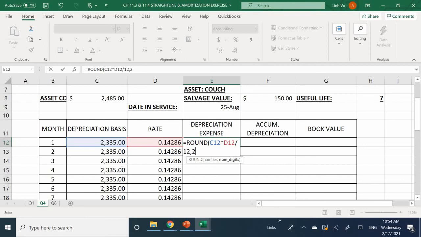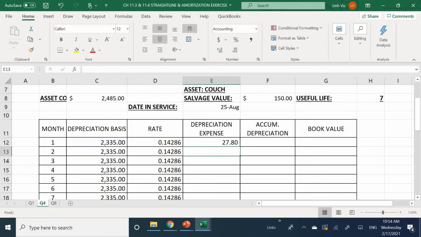What is the depreciation expense if we take that $337 and divide the whole thing by 12? What is my depreciation expense for the month? 27.80.